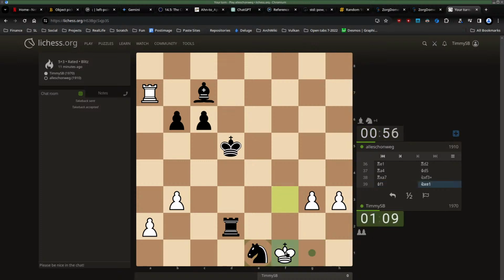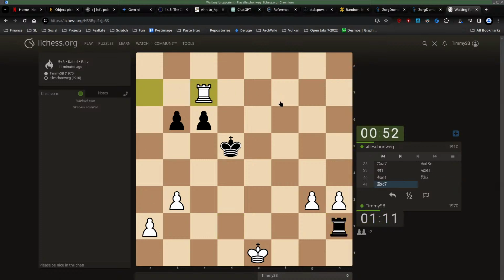Cannot defend the rook. So now I have the rook and the bishop attacked at the same time. You can take there. I'm still 1 pawn up now. Let's start walking, why not?